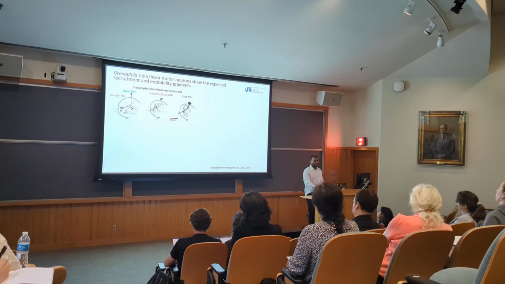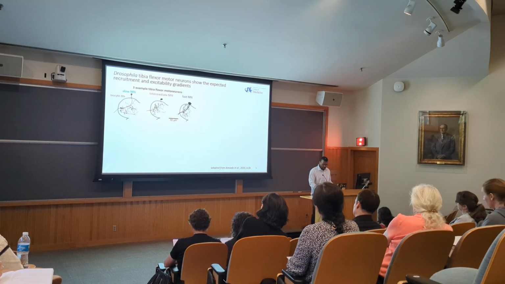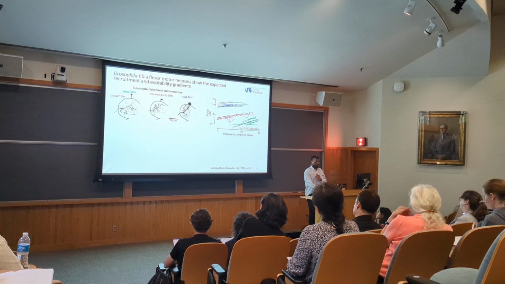Most evidence for the size principle originally came from vertebrates, although size-ordered recruitment has also been demonstrated in invertebrates as well. In 2020, work led by Anthony Acevedo and John Tuthill's group identified 3 Drosophila tibia flexor motor neurons spanning slow, intermediate, and fast positions within the motor pool.